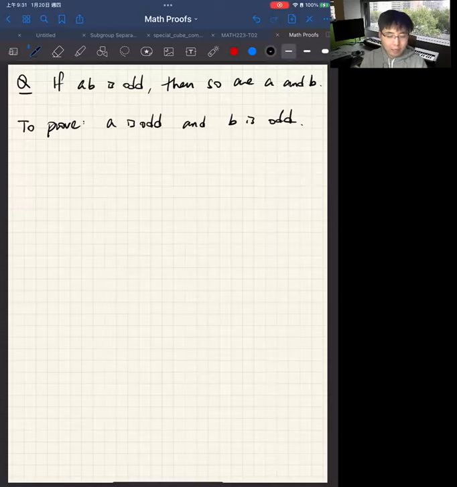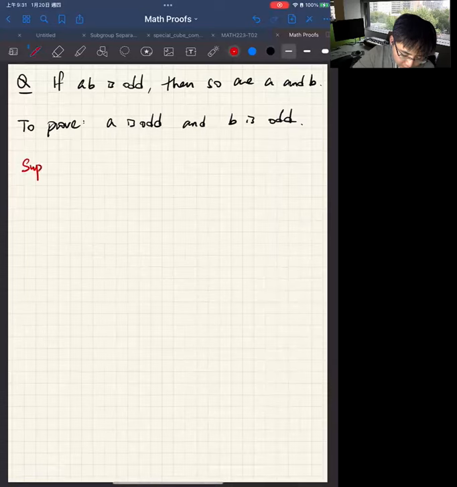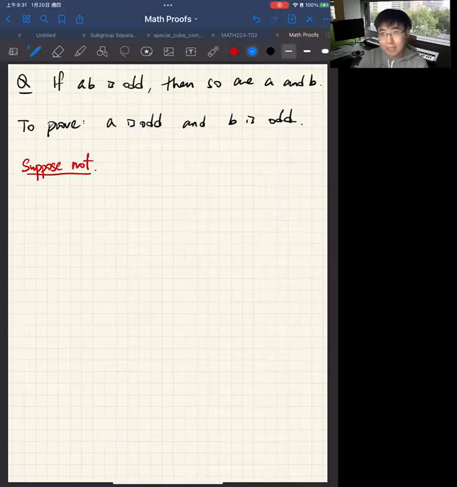So how are you going to do it? You can probably do it by direct proof, but it could be challenging. So one of the techniques to get through these kinds of questions is by contradiction. Okay. So suppose not. This is the common starting line for proof by contradiction.